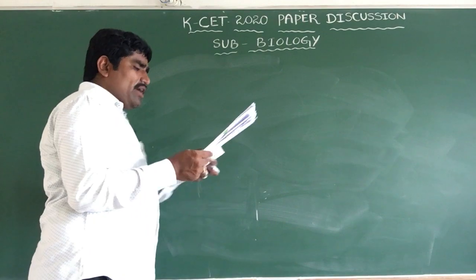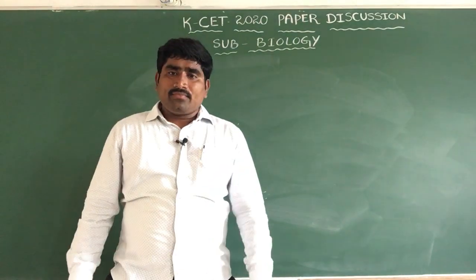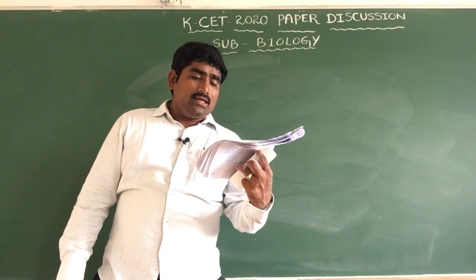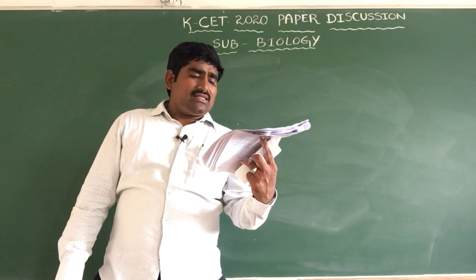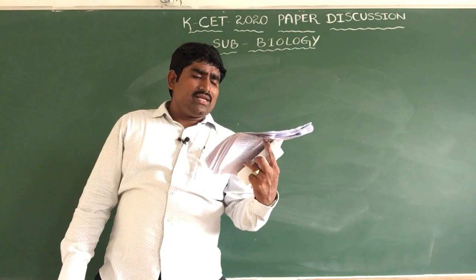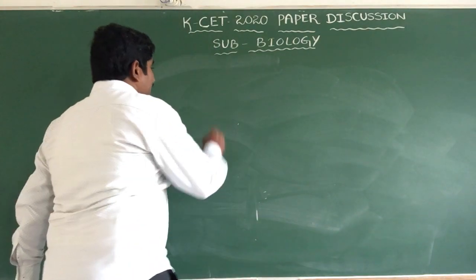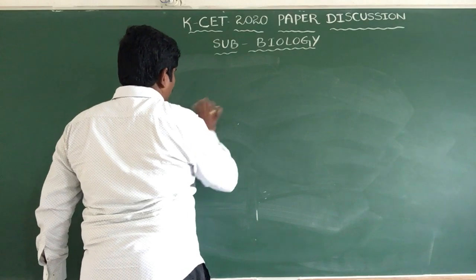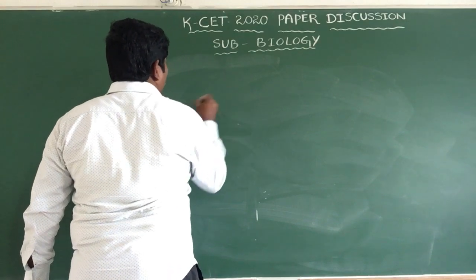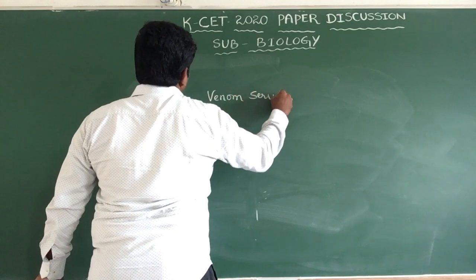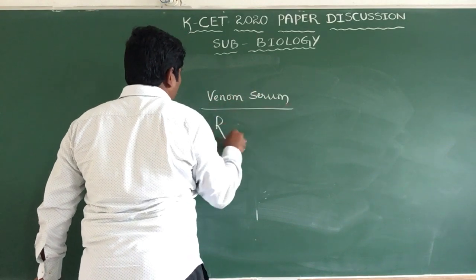Injection of an antidote against a snake bite is an example of passive immunity. The injection against snake bite is known as venom serum. The venom serum contains ready-made antibodies.